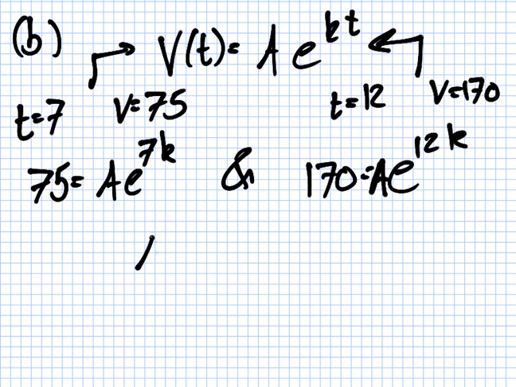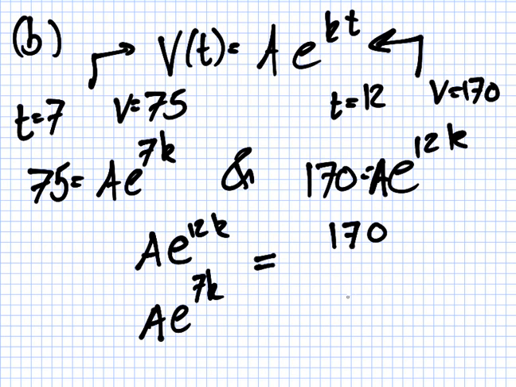We can say Ae^(12k) = 170, and Ae^(7k) = 75. And we're allowed to divide these equations because they can never be 0. E can never be 0, and 170 and 75 certainly aren't 0. It's possible here that A is 0, but when you look at the numbers it can't be 0, so we're allowed to divide.